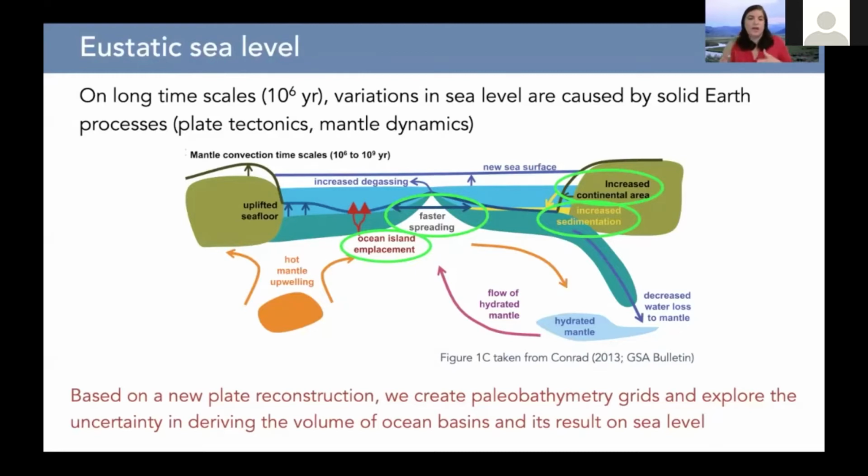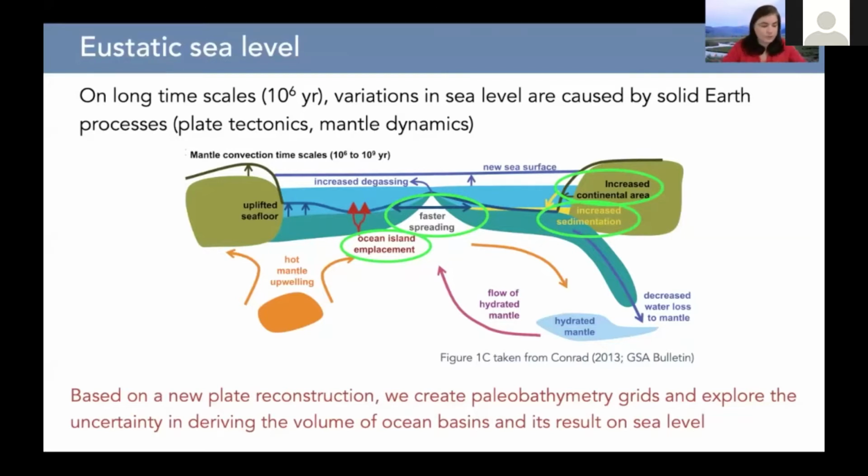We have a pretty good idea of what they're like in the last few tens of millions of years, but we don't really incorporate many of those as we move back in time because we just don't have the seafloor spreading record.